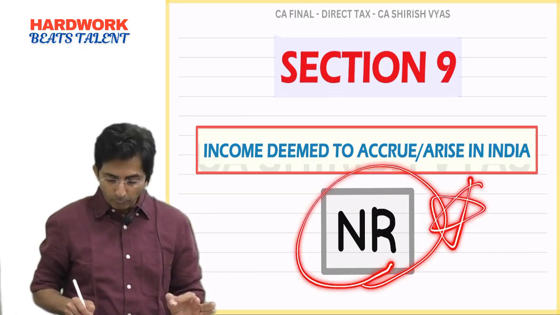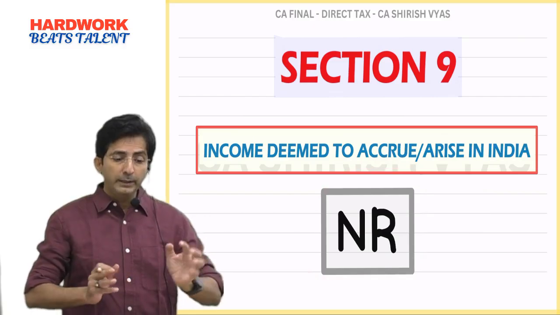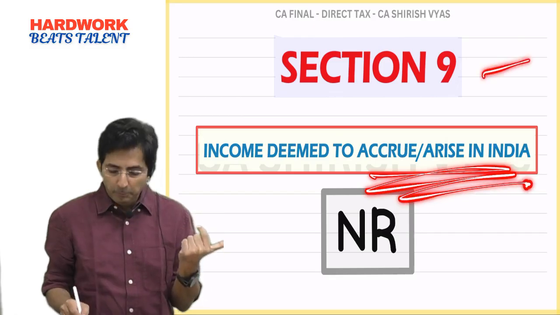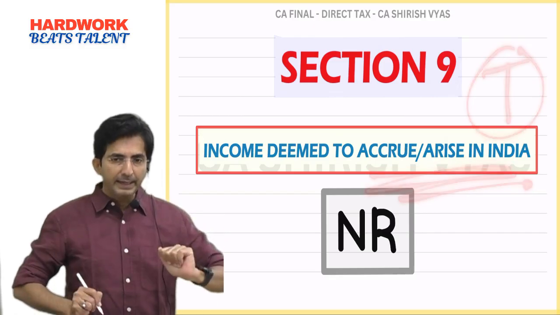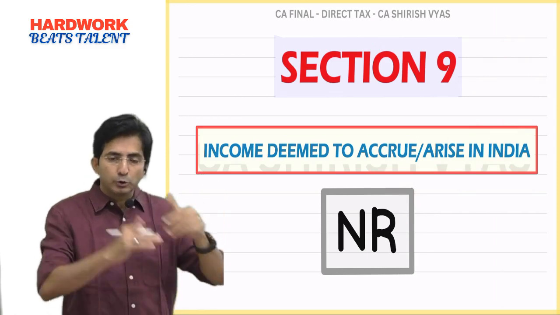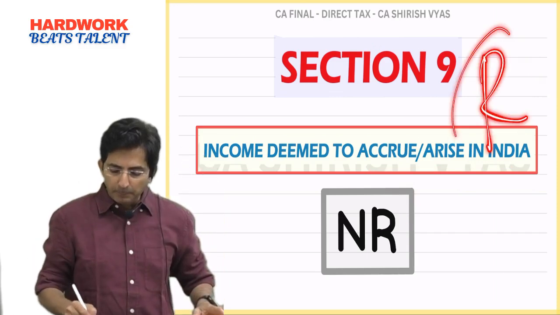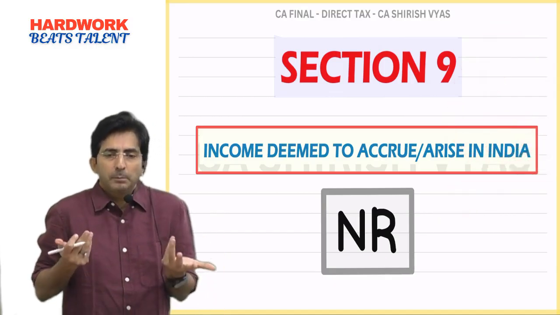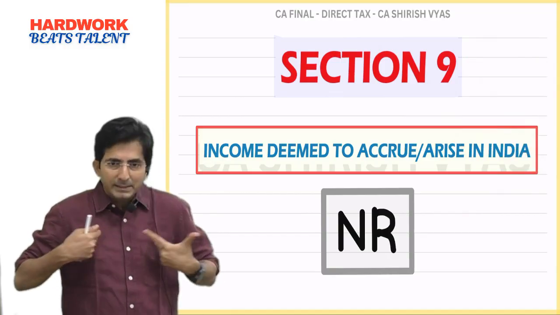It is important for NR because for an NR, only if the income accrues in India, he will be taxed in India. That means this section is useless for resident people. Tell me why did I say? Because for resident people, like your sir Shirish Vyas, I am resident.